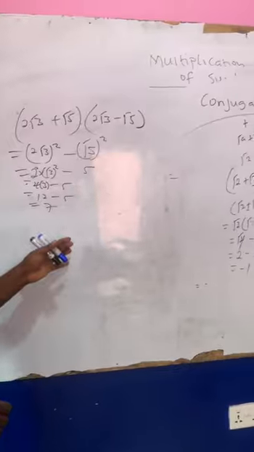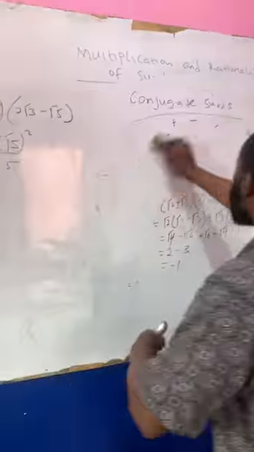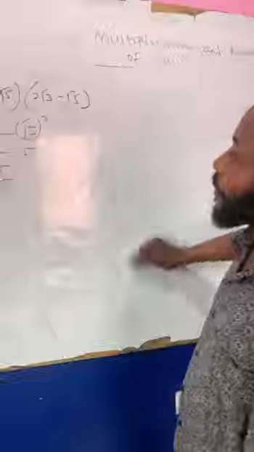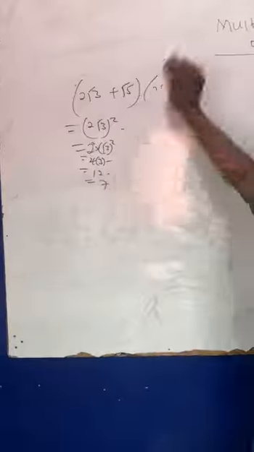Alright, now let's move on to rationalization of surds. We are going to learn how to rationalize the denominator. If you want to write examples, you can pause the video and write.